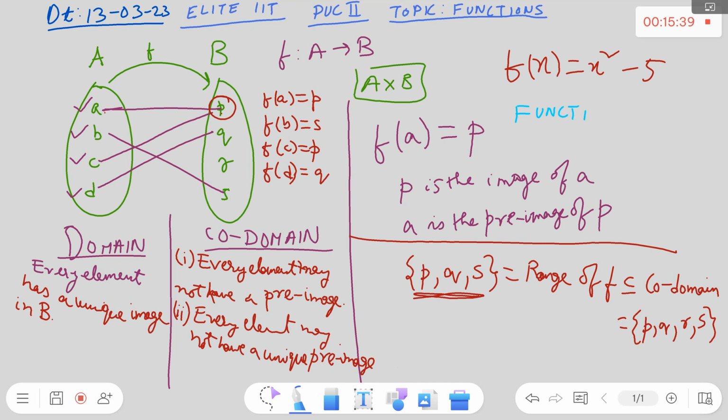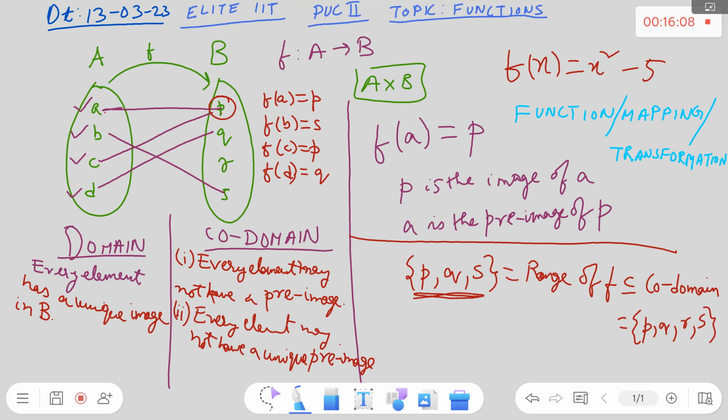You can call f a function or mapping. These are the two most common words. Or transformation. Okay. Basically, you are transforming, isn't it? The function is also called a mapping or a transformation.